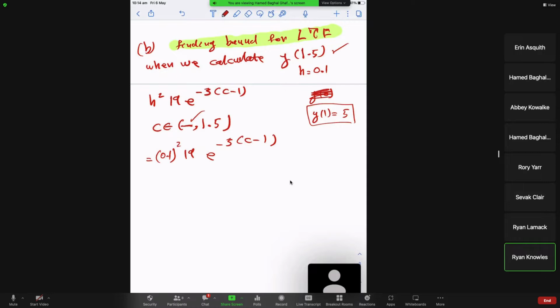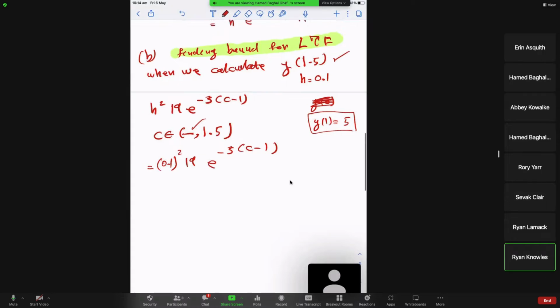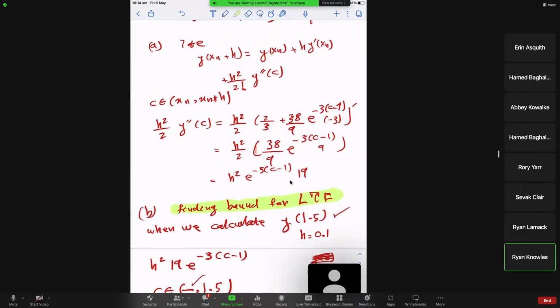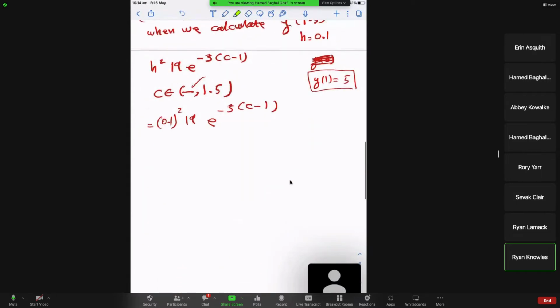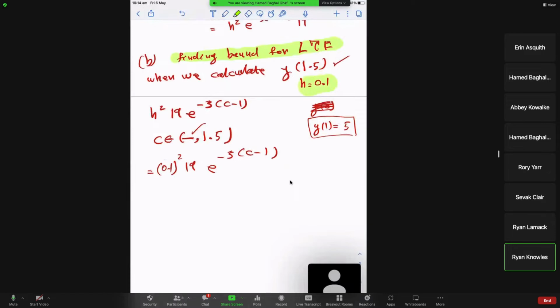I said that c lives here. Can you please tell me this one with regard to c being in this interval? h is 0.1 and it's 1.4.